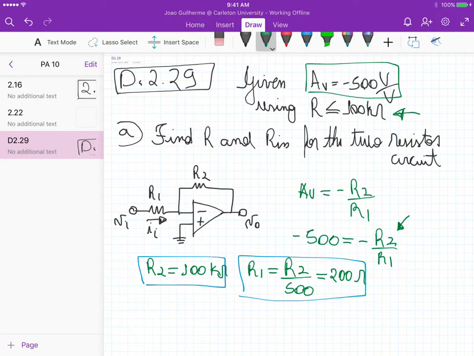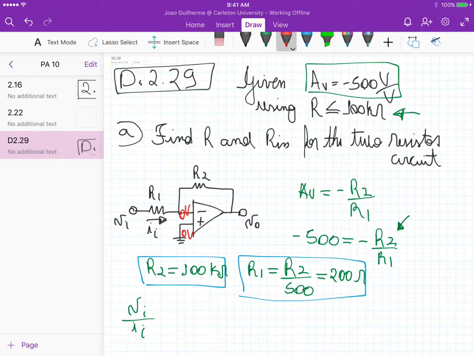Now, how do we calculate the input resistance? The input resistance is the ratio between VI over II. If we look at this circuit, because it's ideal, this is 0 volts, this is also 0 volts, V minus equals V plus.